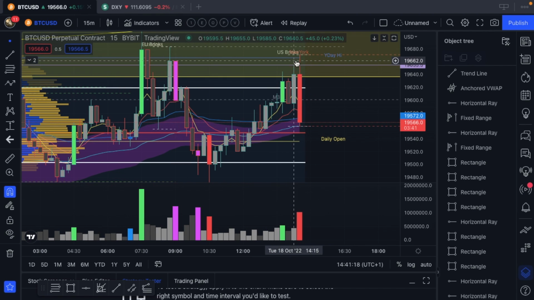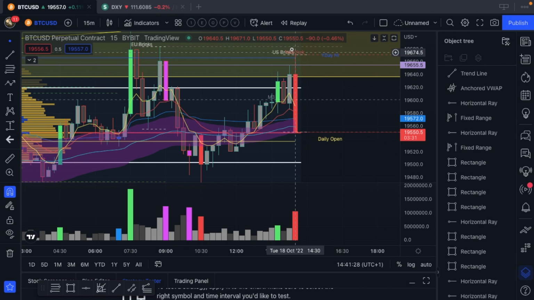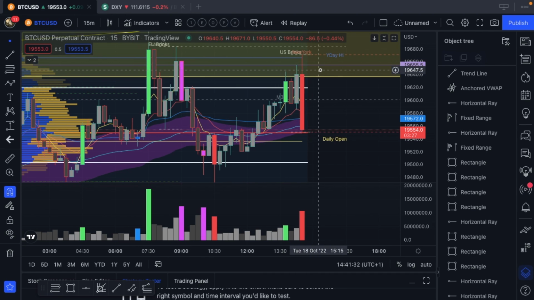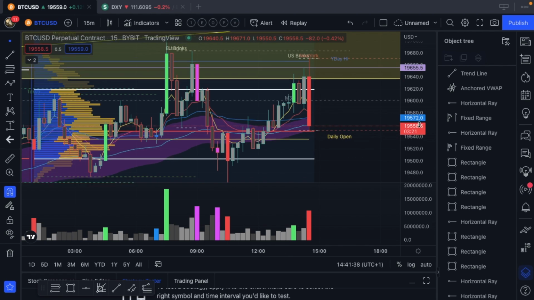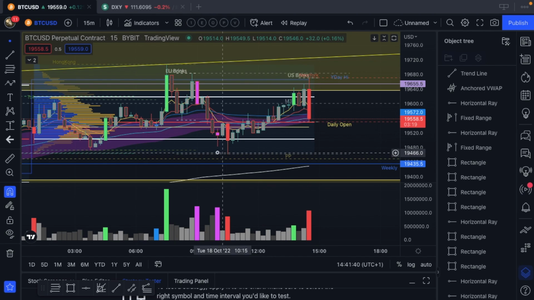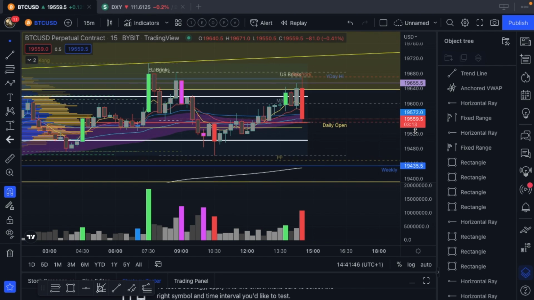Now it hasn't done that. So is this just the initial shakeout here? It may be. It may actually wick right back up right now and then come up and try to take these highs. If it fails to take these highs, it will usually at least visit the value area low, and it will then try to come out and take out the daily low. So let's see what happens here.